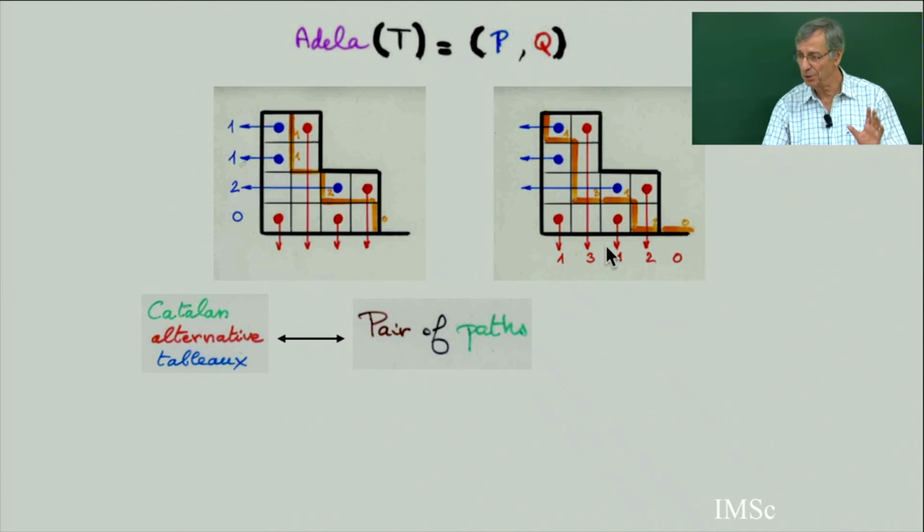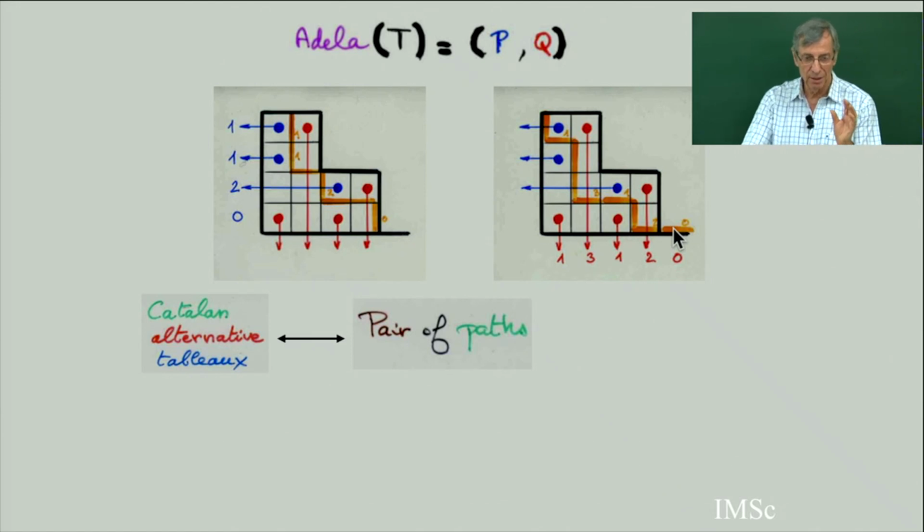And the Q, in a dual way: if you put another path, such that the distance between each horizontal edge in each column and the yellow path is given by the red number. So here is 1. Distance between these two steps is 3. Distance is 1. Distance is 2. Distance is 0. Again, I have another path and another bijection between Catalan alternative tableaux and pairs of paths.